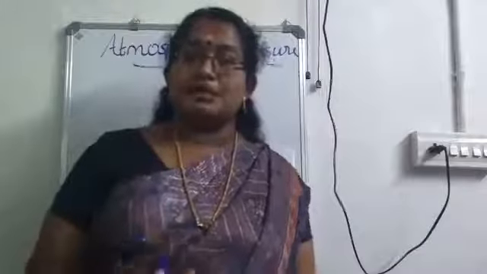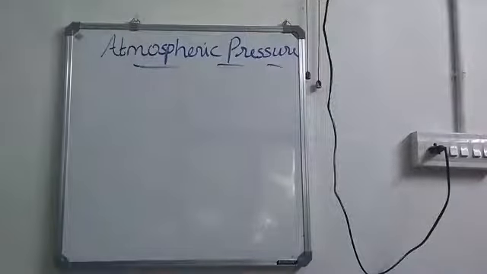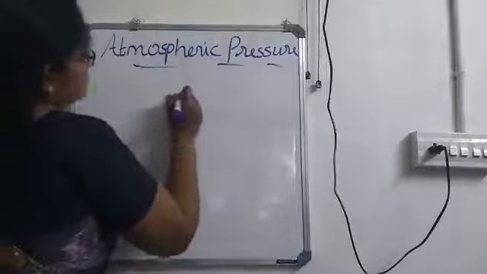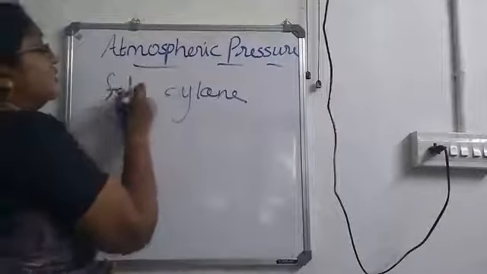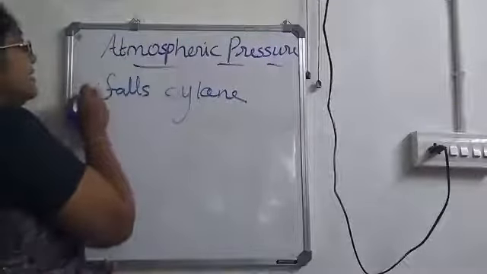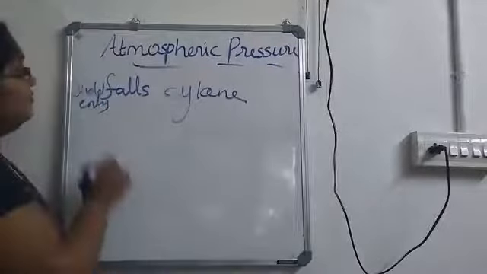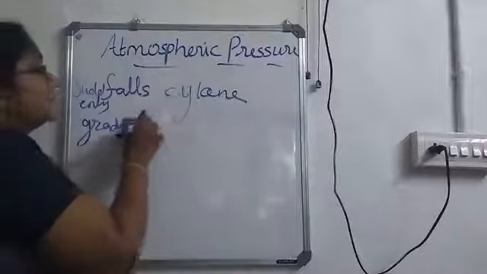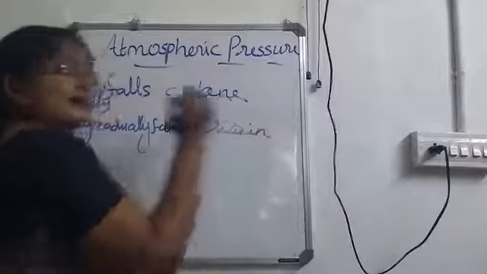in the barometer drops suddenly, okay, so if it suddenly falls, that means there is a chance for cyclone. Then if it gradually falls, there is a chance for rain.